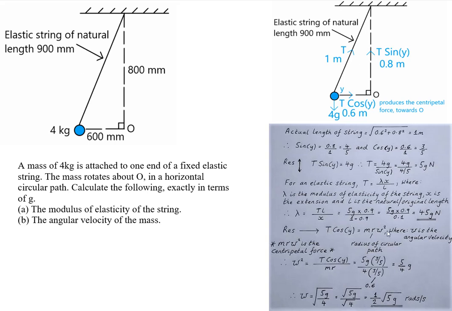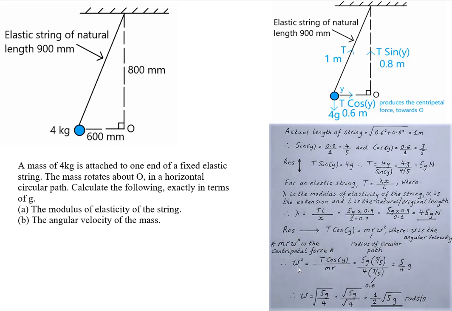Rearranging this equation, omega squared equals T cos y all over m r. So T is 5g, cos y is 3/5, the mass is 4 kilograms. Now the radius is 0.6 meters, which as a fraction is 3/5. So this 3/5 cancels with this 3/5 to give omega squared as 5g over 4.